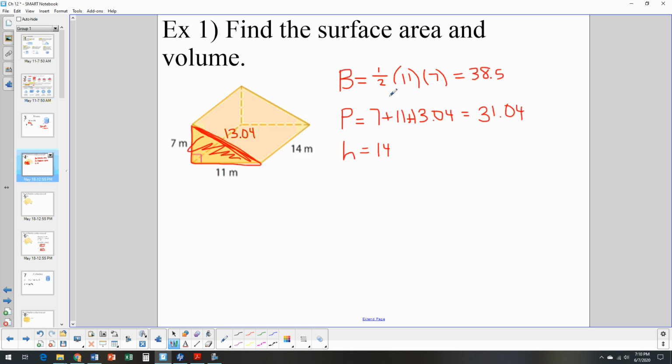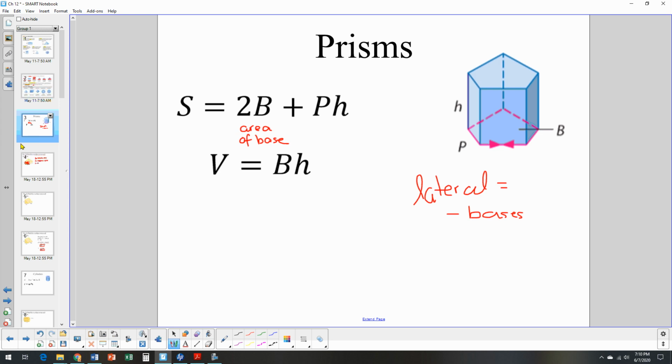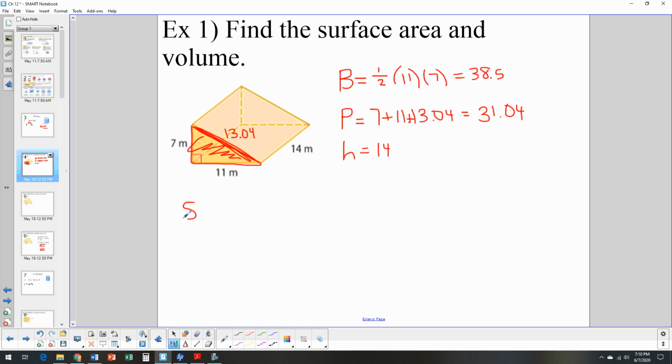And once you know B, P, and H, it's just about plugging into these two formulas. So S is going to be 2B plus PH. 2 times the B value plus the P value times H. All right, so that's going to be double the 38.5, or 77, plus 31.04 times 14, which is 434.56.